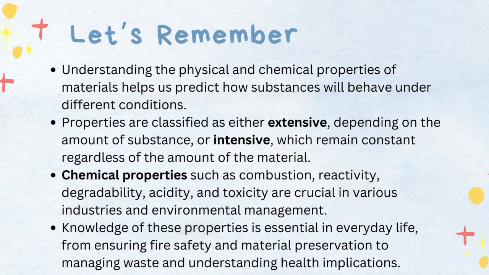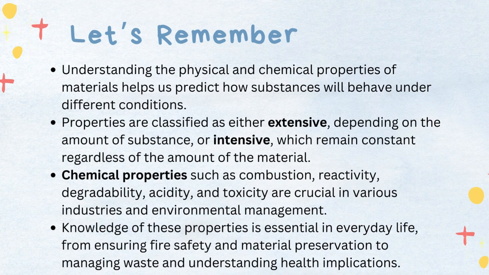Let's remember, understanding the physical and chemical properties of materials helps us predict how substances will behave under different conditions. Properties are classified as either extensive, depending on the amount of substance, or intensive, which remain constant regardless of the amount of the material.